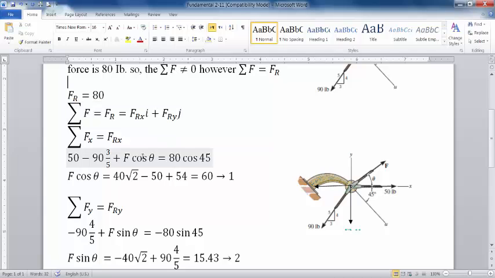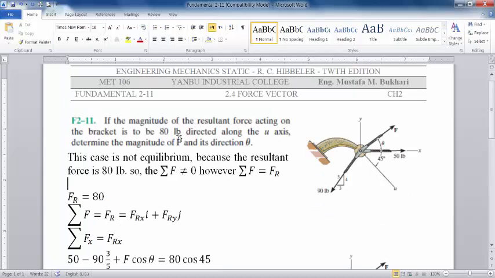We're going to analyze the forces. In the question, the 80 pound resultant force is directed along the u axis, and we need to determine the magnitude of F and its direction. So for the resultant force we have the magnitude and direction.